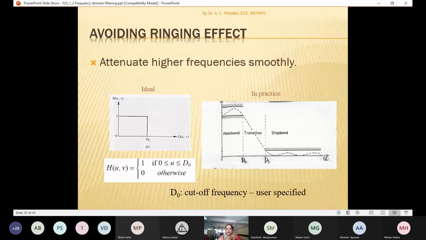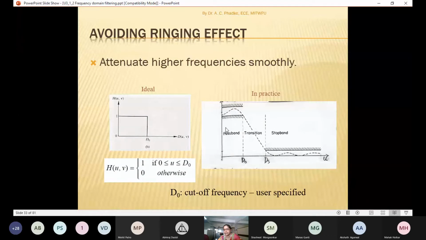So we can avoid ringing effect by attenuating higher frequencies smoothly. So this is your ideal low pass filter. Instead of using this ideal low pass filter transition, we can use this particular filter where transition from pass band to stop band is slow in nature, smooth in nature.